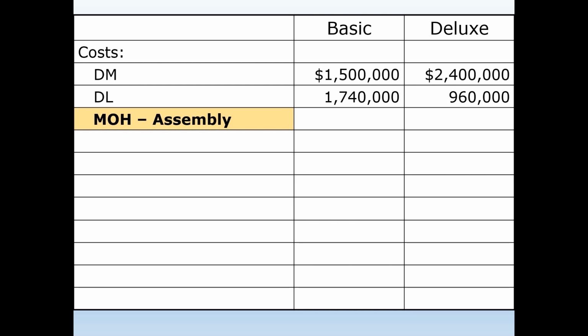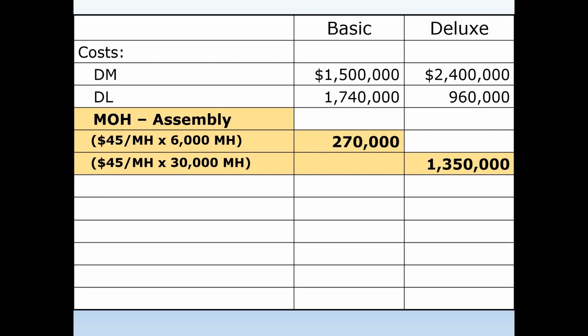In the assembly department, we know that the allocation rate was $45 per machine hour. We can multiply that by the number of machine hours used by the basic units to get the total assembly department overhead that belongs to the basic units.